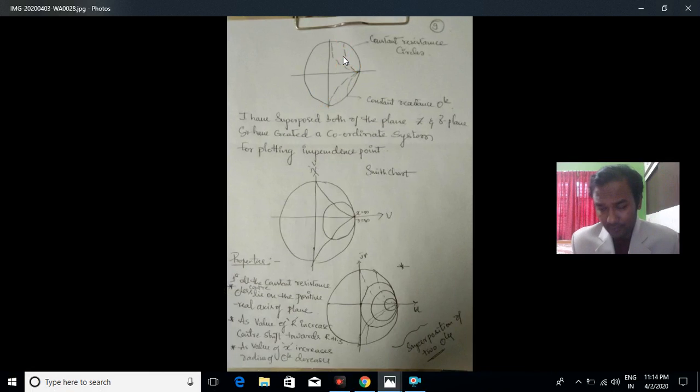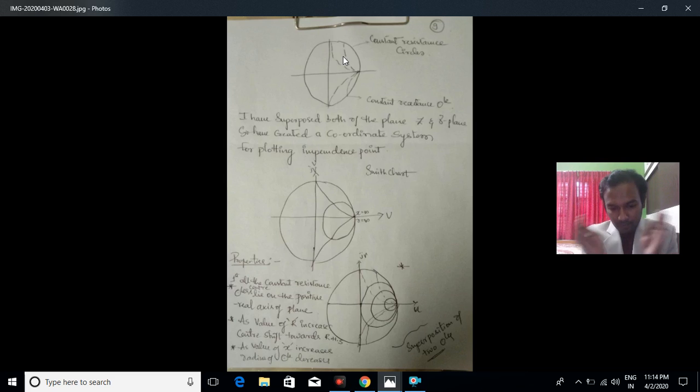So what we have done is that we had two coordinate systems, polar and Cartesian, which we discussed in the last video also, the z plane and the gamma plane.